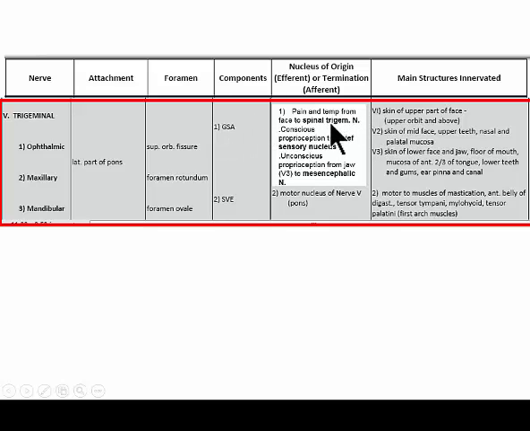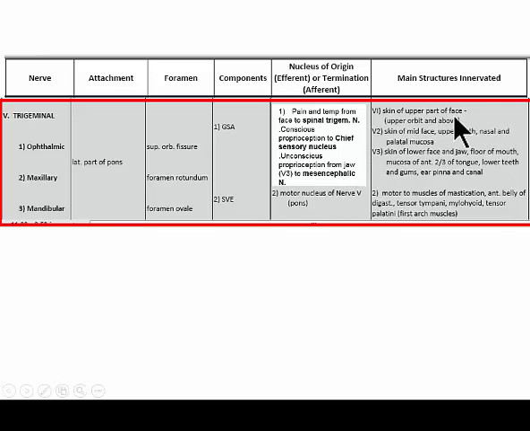All right, what's GSA here? Pain and temperature from face to the spinal trigeminal nerve, right? That's where it goes all the way down on the spinal cord, hooks back up. Conscious proprioception to the principal sensory nucleus or the chief sensory nucleus. And then jaw jerk from the mesencephalic nucleus.